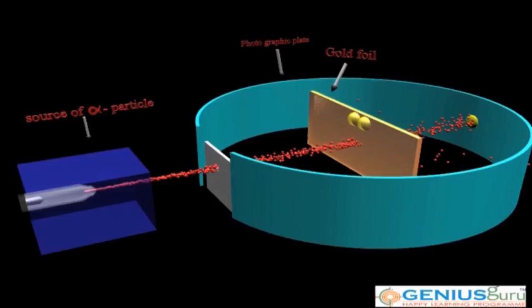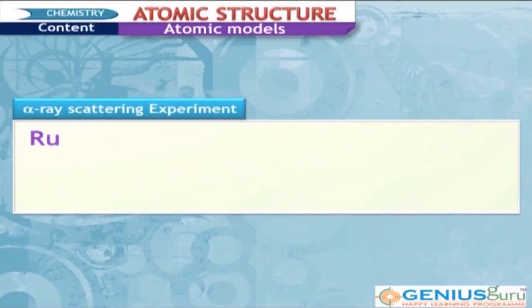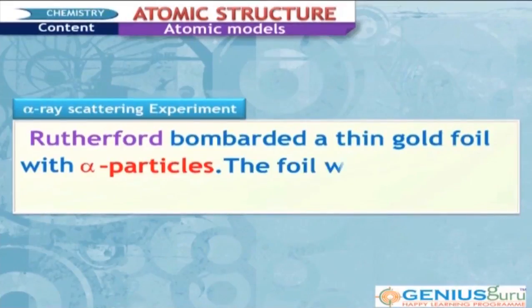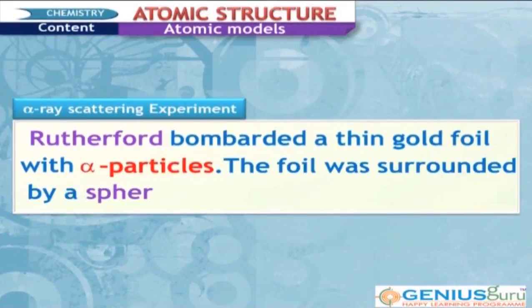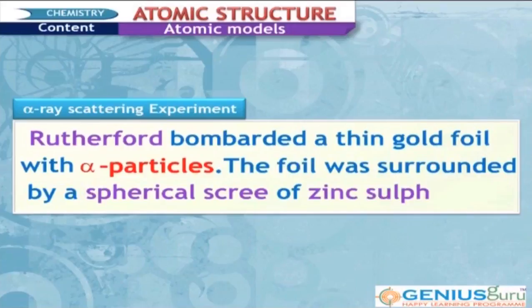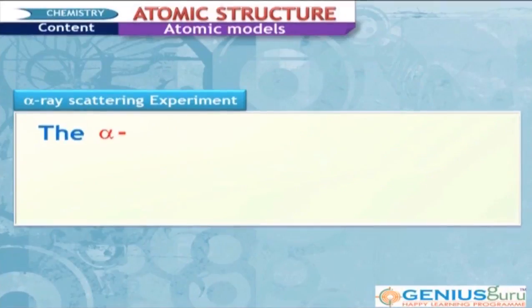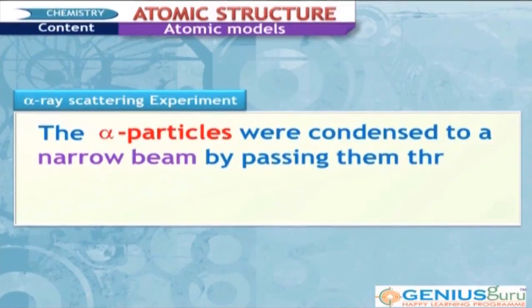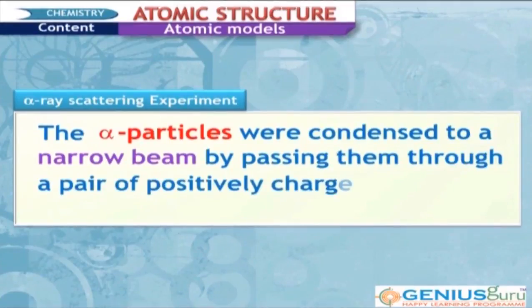This metal foil is generally made of gold. Therefore, Rutherford bombarded a thin gold foil with alpha particles. The foil was surrounded by a spherical screen of zinc sulfide. The alpha particles were condensed to a narrow beam by passing through a pair of positively charged plates.